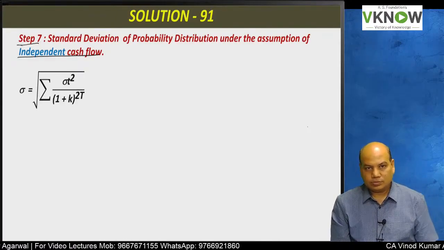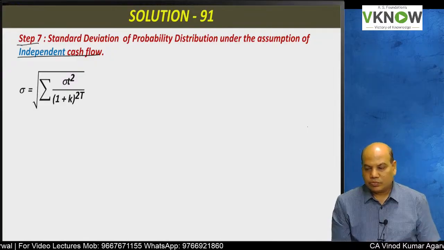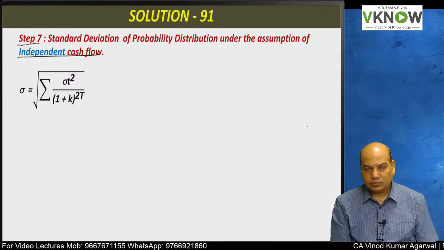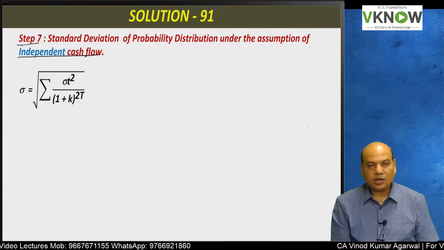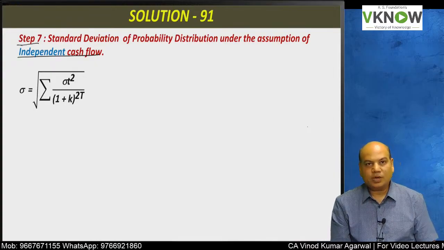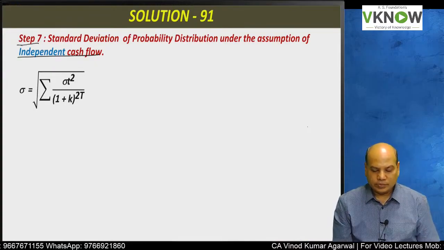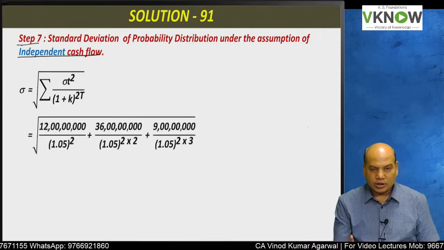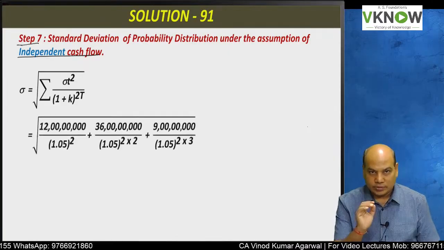Sigma equal to under root summation sigma t square upon 1 plus k to the power 2t. We have already done this formula today 2 or 3 times.